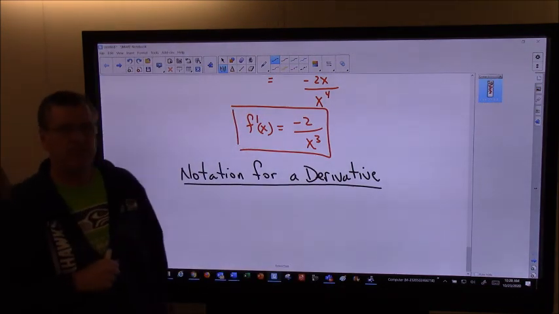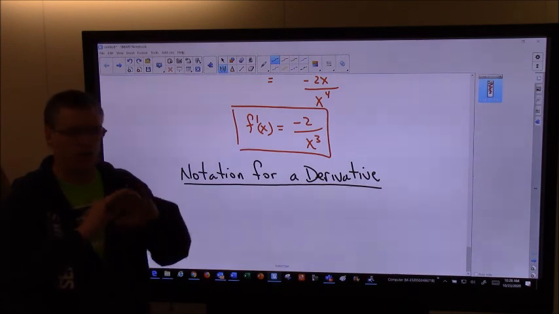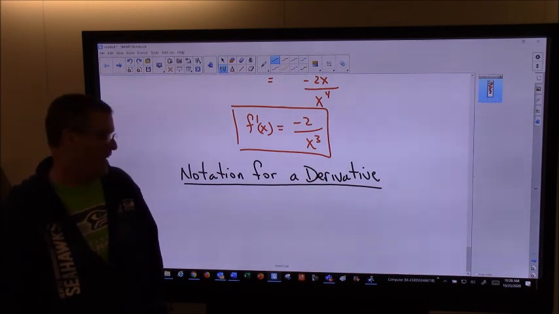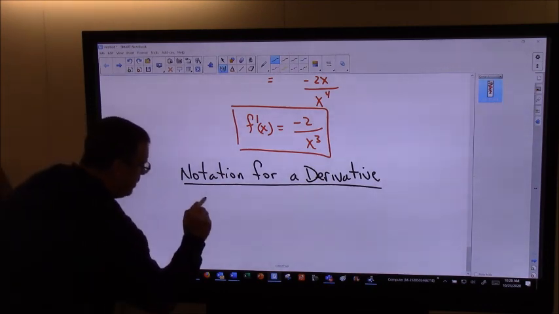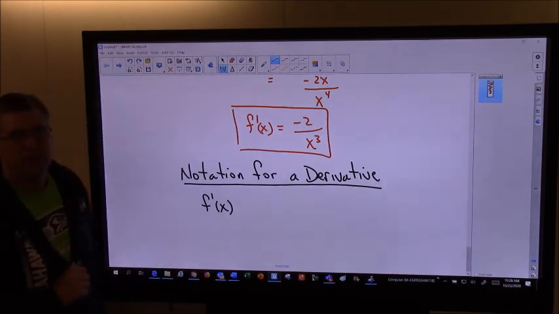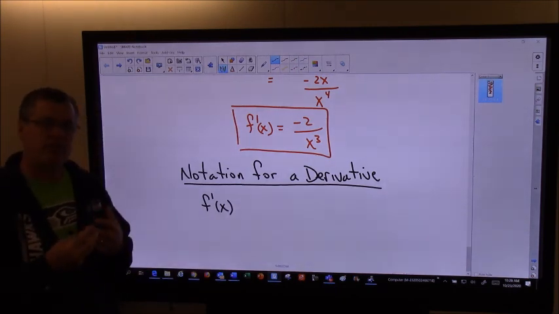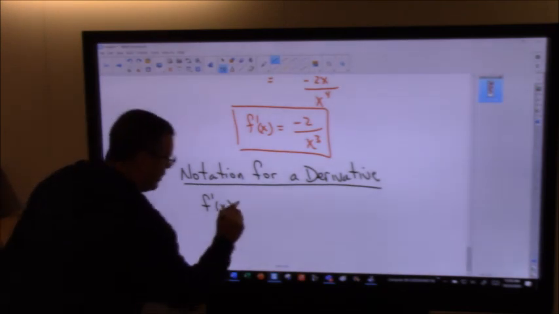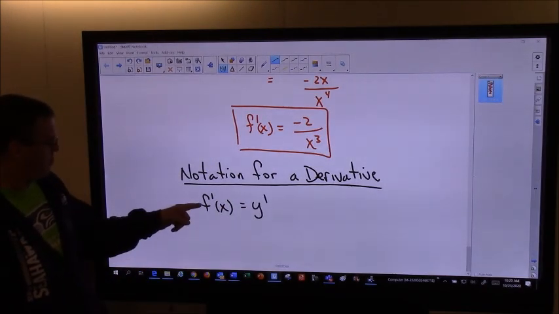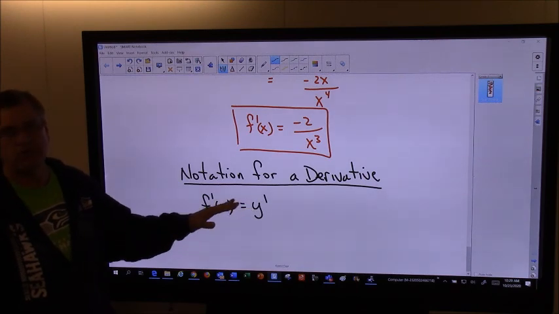It would be really nice if there was just one way to do it and we always wrote it the same way, but that is not the case. There's actually several ways. So we've already mentioned this, f prime of x. That means a derivative. And if f of x is the same as y, then it would make sense that we could also do this. So f prime of x or y prime, both of those mean the derivative.